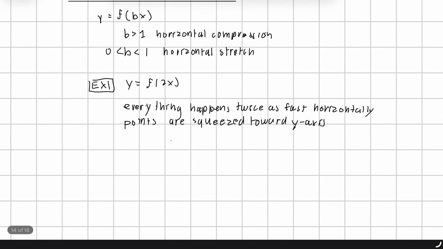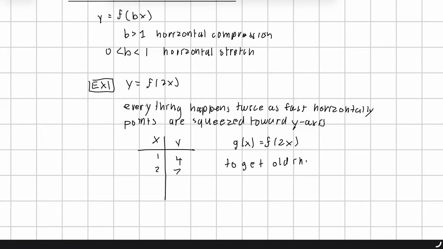So let's look at this with a table. If we have x values 1, 2 and y values 4, 7, we are going to have g of x equal to f(2x). So to get old input of 1, we would have 2x equals 1, right? So x is equal to 1/2.